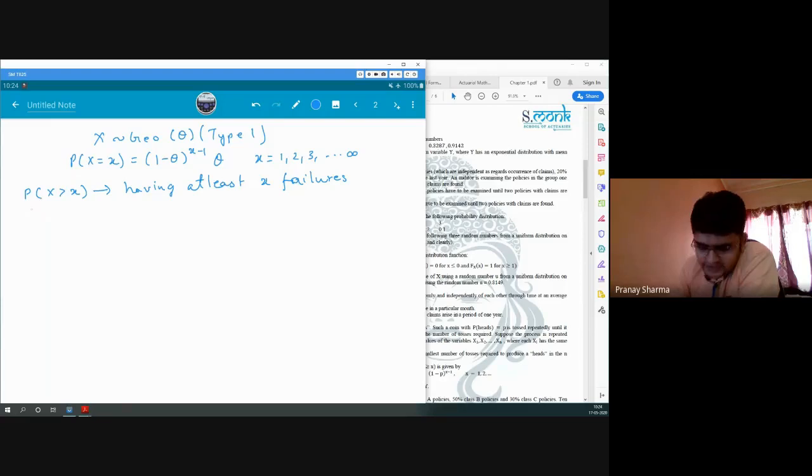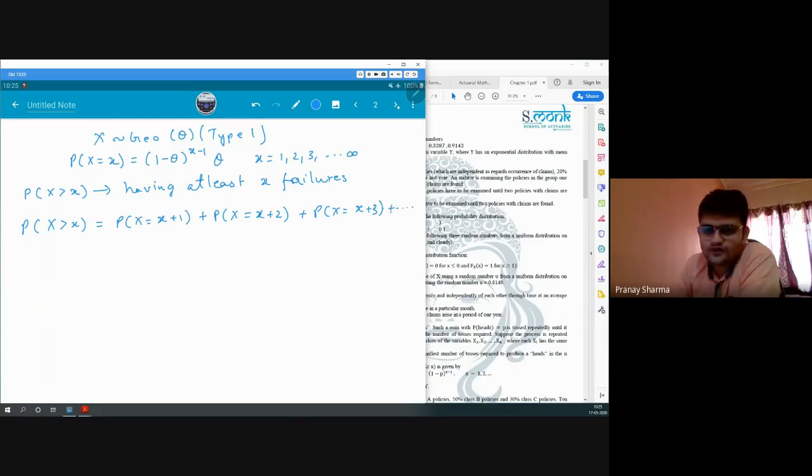So probability X greater than x just means that we have at least x failures. So that would be nothing but probability X is equal to x plus 1, or first success is x plus 2, or first success is x plus 3, and so on till infinity.